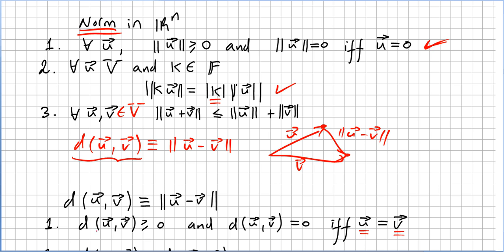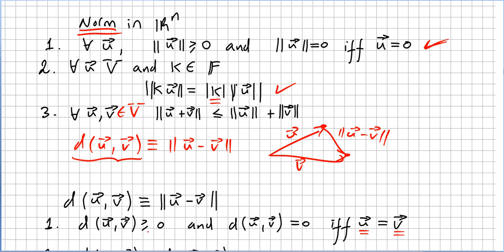So now we are going to prove that these three properties are true. The very first one is the distance between u and v is bigger or equal to 0. But we define the distance between u and v as the norm of the subtraction of vector u minus vector v. So we get a new vector here, and we have a norm here.